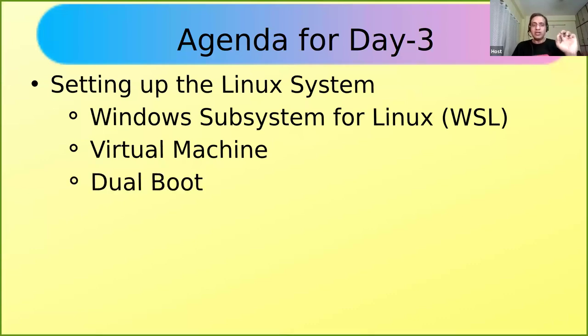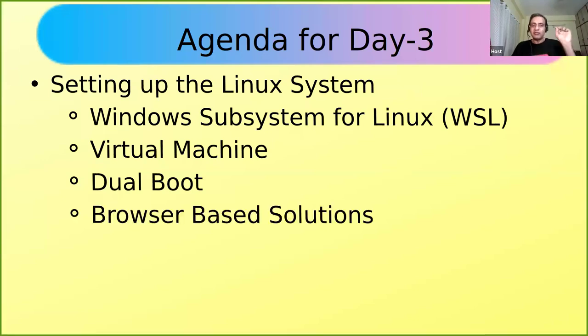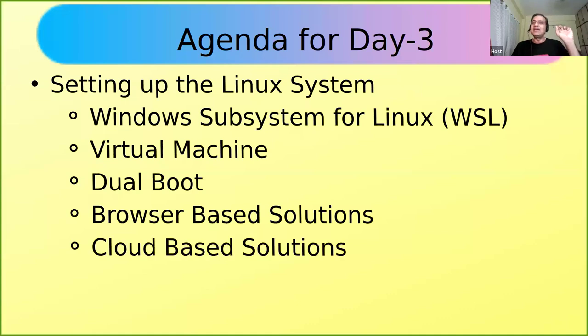Further to this, we need to discuss dual boot. Dual boot we won't be discussing today. It will be in an upcoming session because it's going to take lots of time. After that, we are going to look into the browser-based solutions and cloud-based solutions to have Linux. So these are the things we will be looking into in order to have Linux running on our systems.